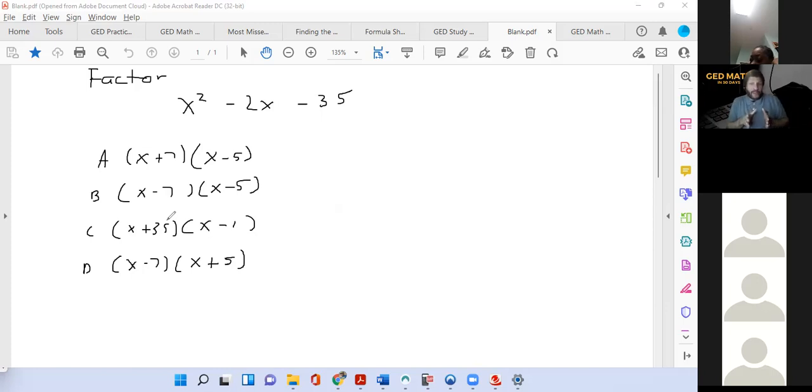So we still have to know how to multiply binomials, but it's 2 different concepts. One was area, one was factoring a quadratic equation. But you still have to understand the skill to multiply binomials.